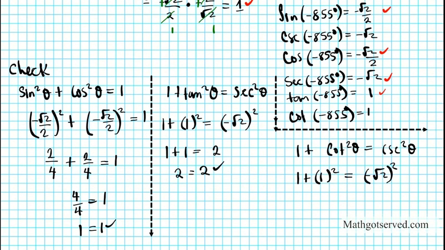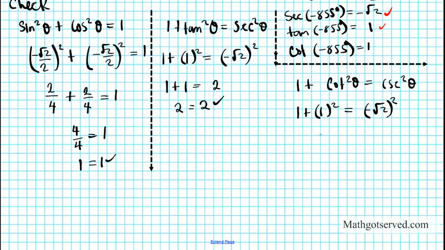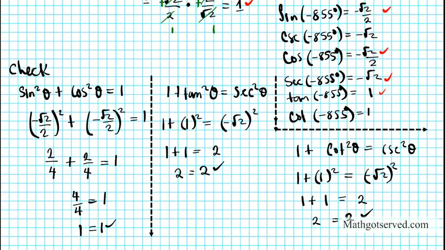Is that the case? Well, let's work it out. We have 1 plus 1. Negative root 2 squared is just 2. So is 2 equal to 2? Absolutely. So our last pair of trig ratios work out. So we're confident that all our 6 trig ratios we got for negative 855 work out. Okay? So there you have it.